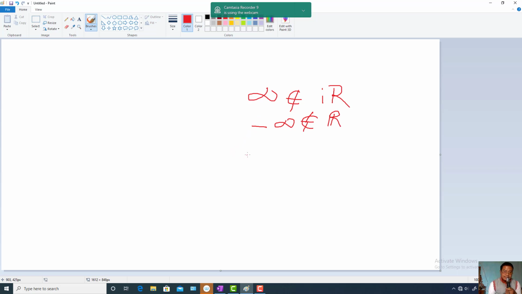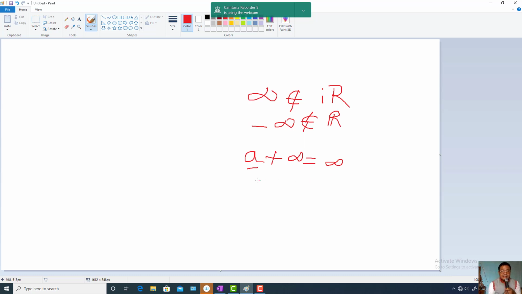It is like this. If a is any real number, then the addition of a with positive infinity is always positive infinity. So a may be minus 1 billion, but if you add positive infinity, it is infinity.